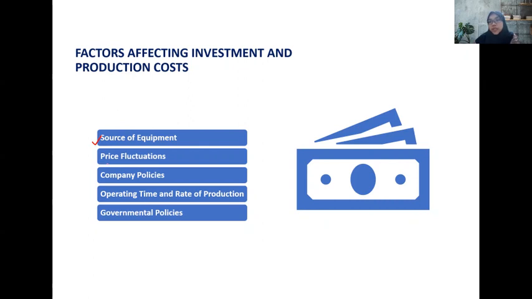Second is the price fluctuation, because it also depends on the currency in a year, and the company policy will also affect the investment. The other is operating time and rate of production. And the last is governmental policy, such as tax or other policies introduced by that certain country or state.